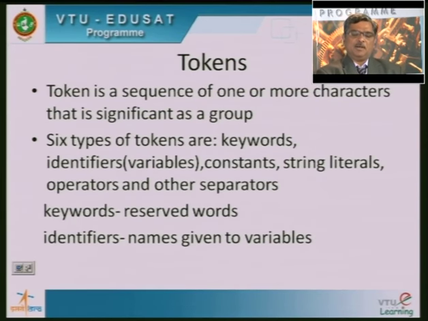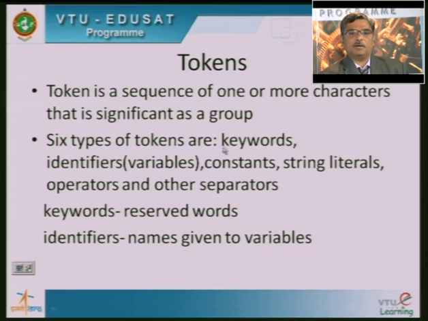Let us understand all these things in terms of a token. A token is a sequence of one or more characters that is significant as a group. Some of them are keywords, which cannot be used as variables. These are essential for the programmer while writing a program, for example sine value, cos value, square root, main, int.